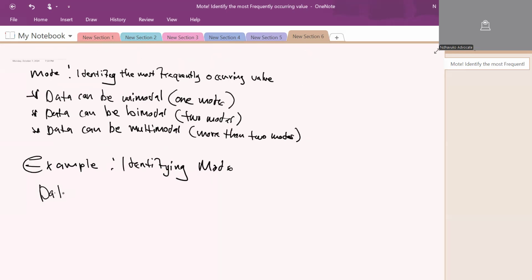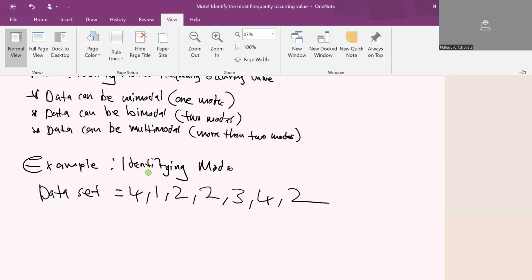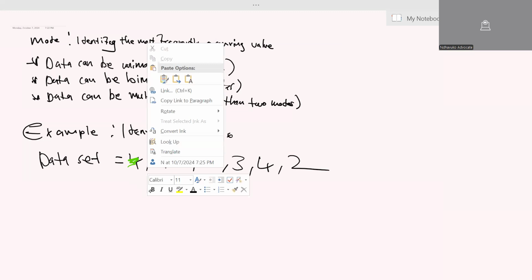Here's an example. The data set is 4, 1, 2, 2, 3, 4, 2. Let me highlight it. You have 4, 1, 4, 1, 2, 2, 3, 4, 2.